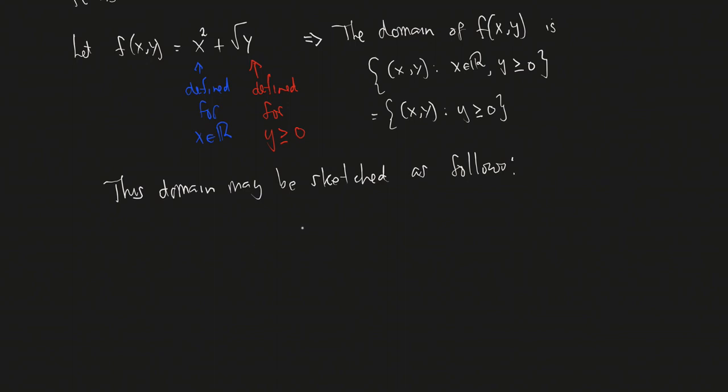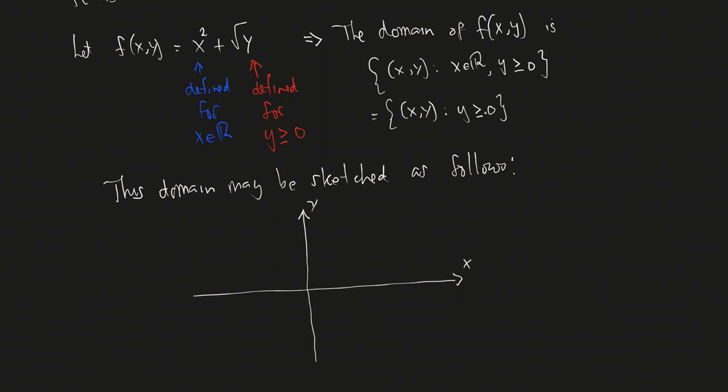Well, I am going to sketch my XY plane. And then let's see what it says. Now, there is no restriction on X, but there is a restriction on your Y value. It says that your Y can only take on non-negative values, so 0 or greater. Well, in the XY plane, think about this.